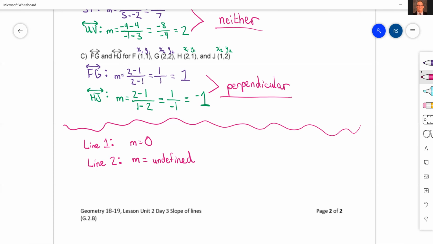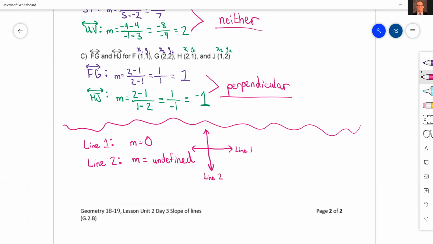Line 1 is going straight up and down. I'll just do it up here. Line 2 is going side to side. Wait, no. I said that backwards. This is line 1 with 0 slope. This is line 2.